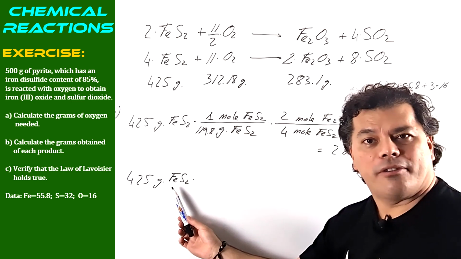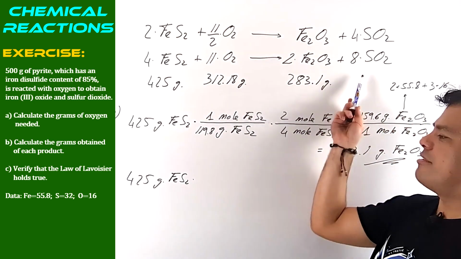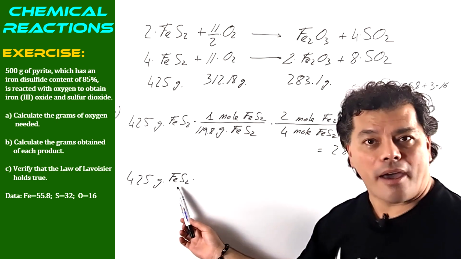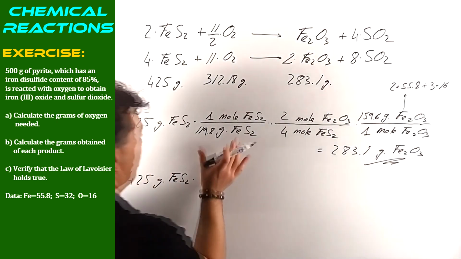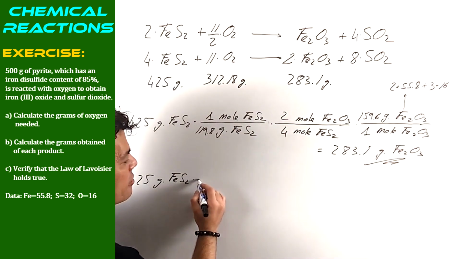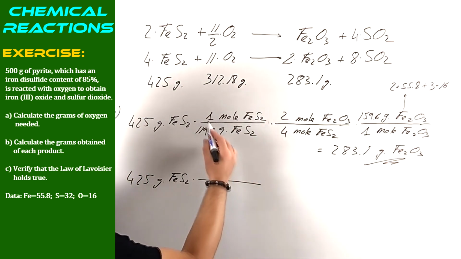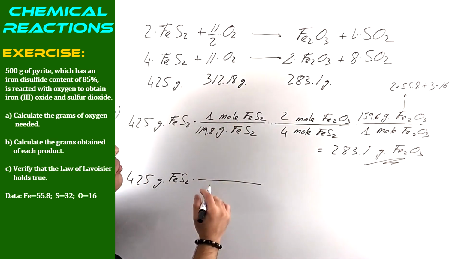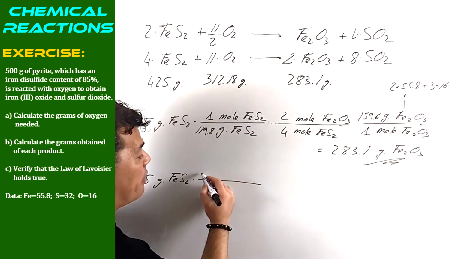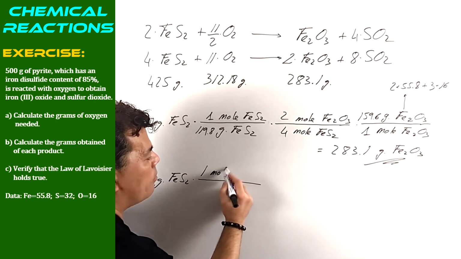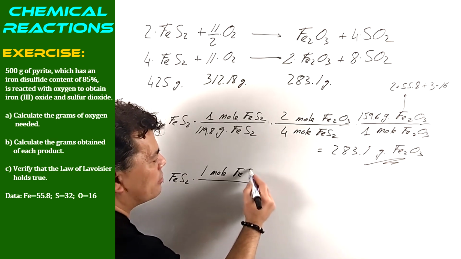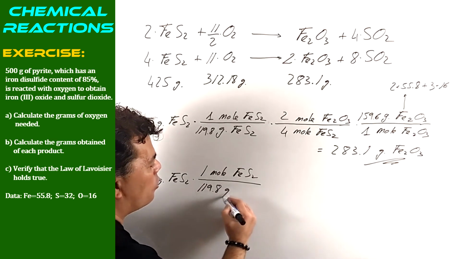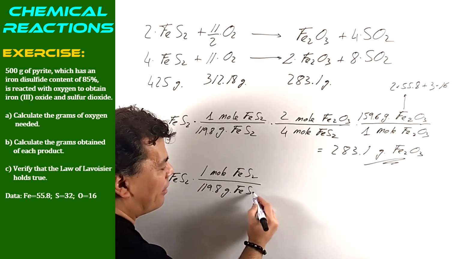And of course, we are doing the same with this other substance. We're beginning with our 425 grams of iron disulfide, and we are multiplying by the first conversion factor, which serves to change from grams of iron disulfide to move into moles of iron disulfide. And it's the same. 1 mole of iron disulfide is 119.8 grams of iron disulfide.